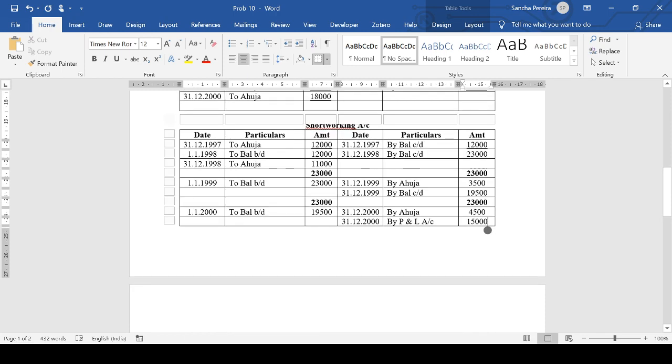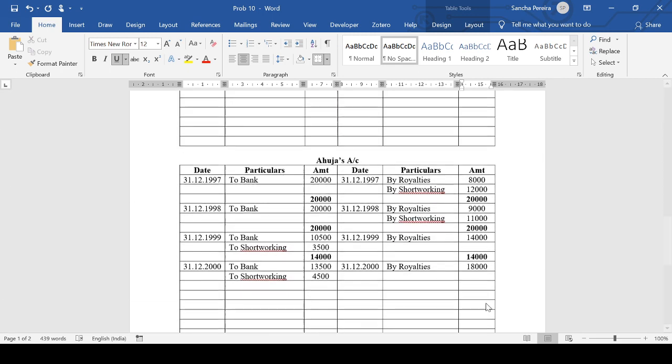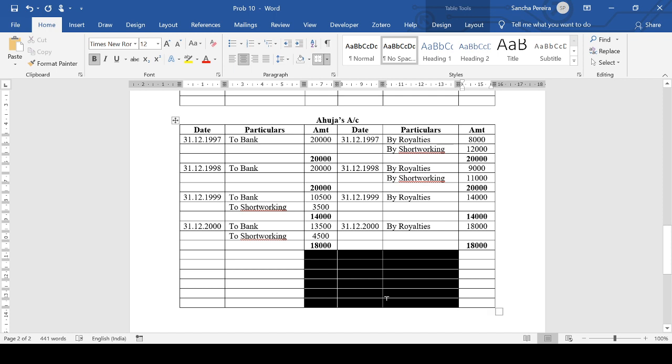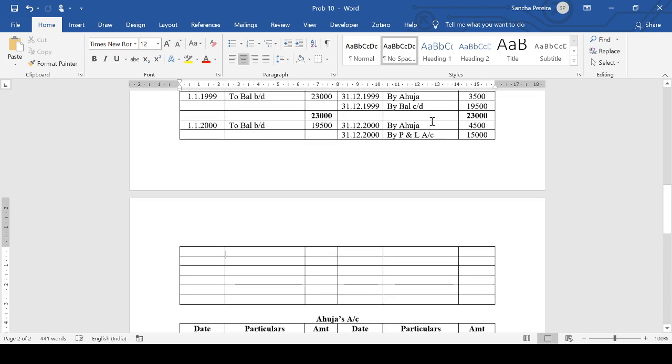And finally transfer the royalties to the profit and loss, by P&L account. So if you see, all the accounts will tally. That's the last year. This becomes 18,000. This is 18,000. This is also tallying.